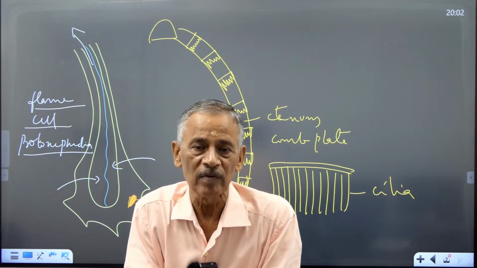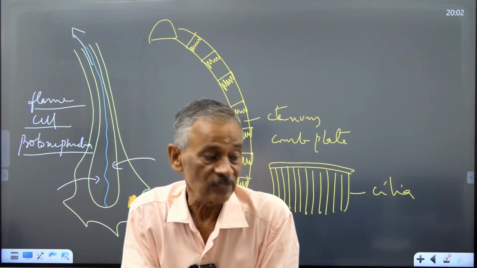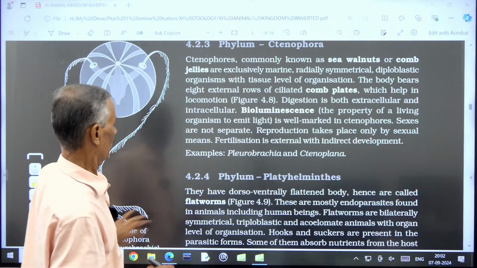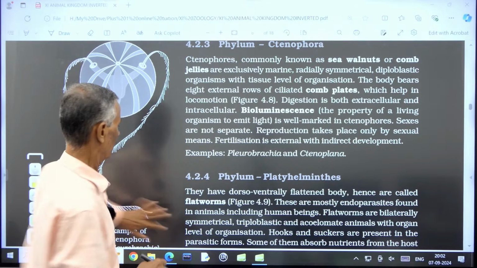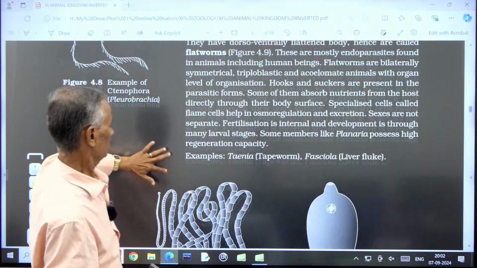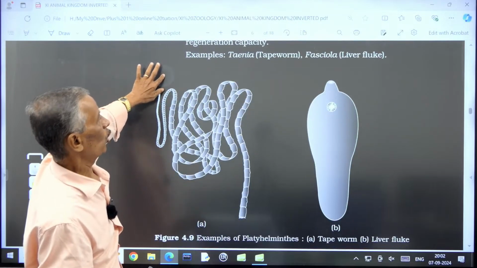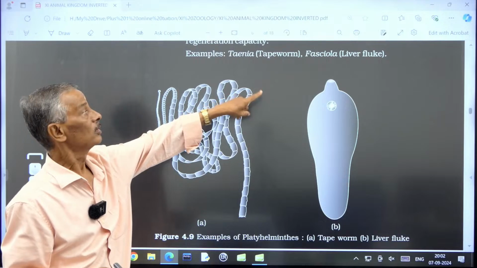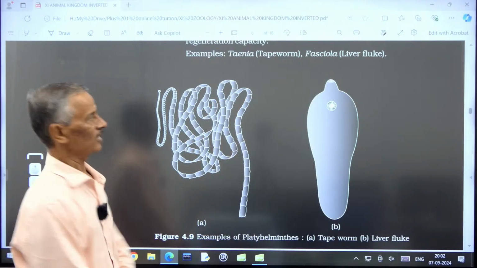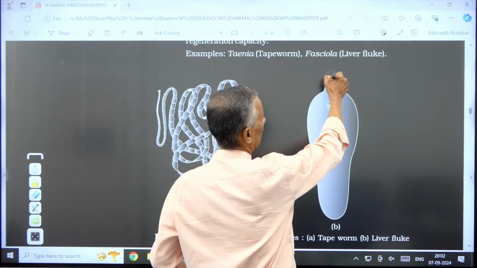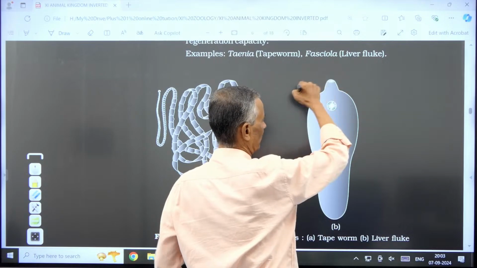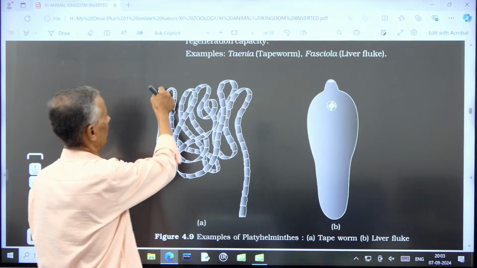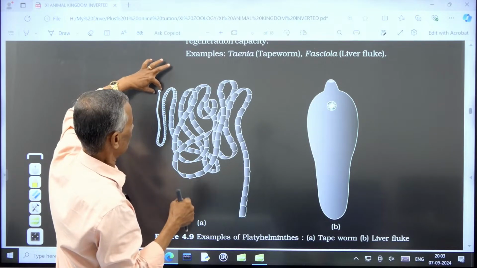The common liver fluke in goat that is mentioned in our book is Fasciola. It is the sheep or goat liver fluke. It is a parasite which has suckers. Around the mouth you have an anterior sucker, and there is a ventral sucker. Here you have a head-like structure called the scolex.